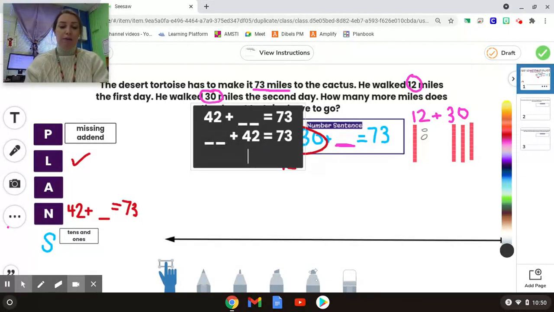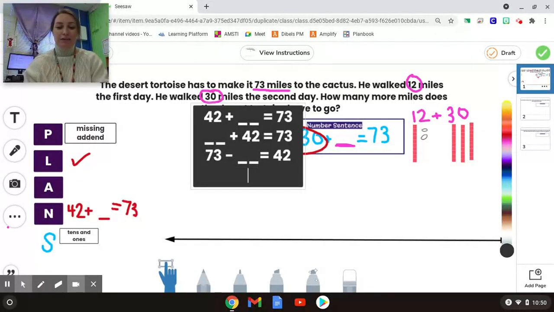Okay, what about 73 minus something gives us 42? No, still not really it. Okay, what about 73 minus 42 gives us something. That's the one that we want, this bottom one. So this is the one that I'm going to use for my number sentence.